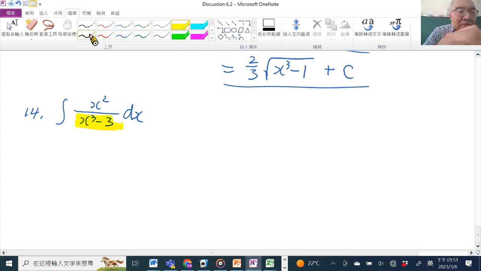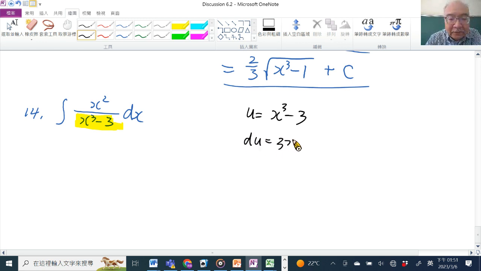That means we can use u as x to the power 3 minus 3, and our du becomes 3x squared dx. Therefore, our x squared dx is again part of the du.